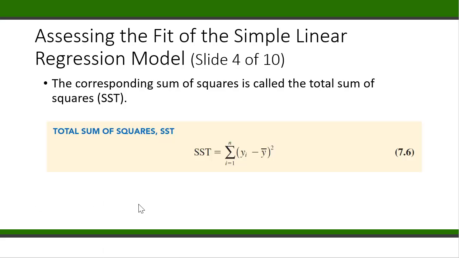The next thing that we want to calculate is something called the total sum of squares, which is SST. Notice that this is a measure of how well the observations cluster around the y bar line. So that's just a straight line. We're just doing y sub i minus y bar, which is in our case 6.7.